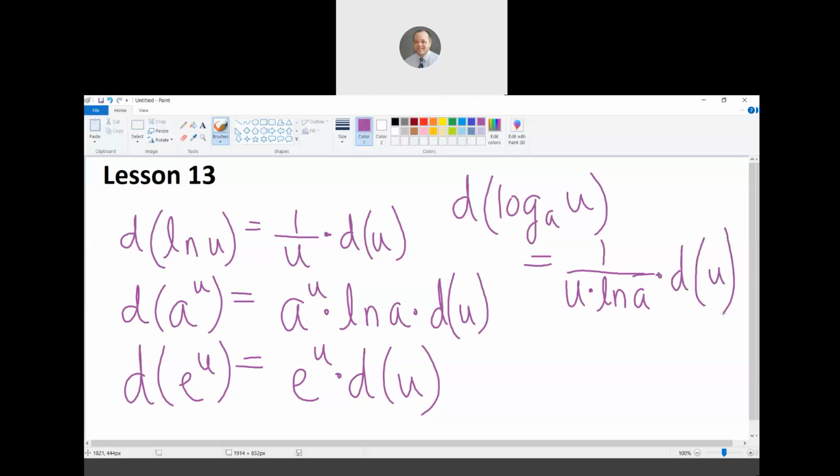So these are all the derivative rules you need to know for logs, natural logs, and also exponential functions.